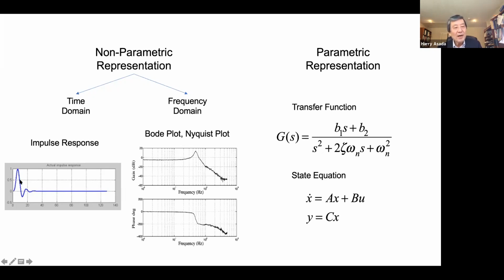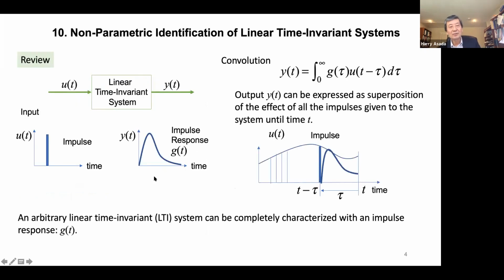By discretizing this, the series of time response weights represents the system, which is very general. It doesn't depend on a particular representation, system order, or system model like this. So let's look at this material today.